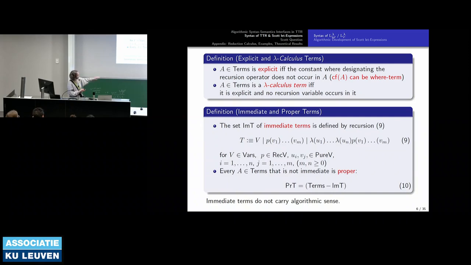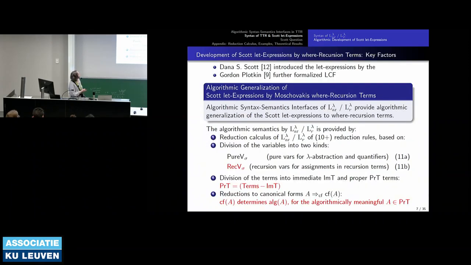And then you divide them into kinds. So now, Dana Scott is who introduced the let expressions. And in a recent paper of mine that I refer to here, I provide a mathematical proof that let expressions are denotationally equivalent to the where expressions, but they are not algorithmically equivalent.